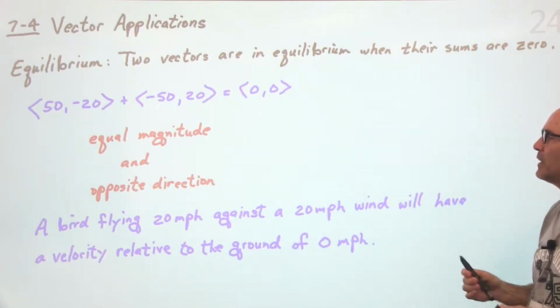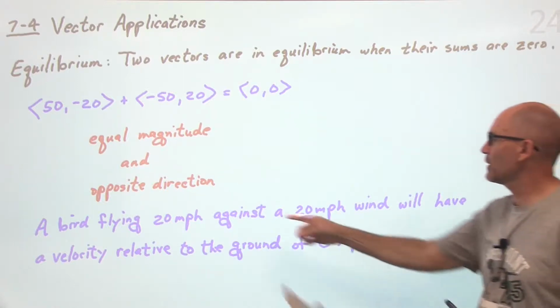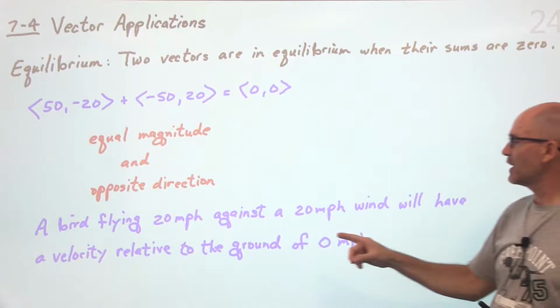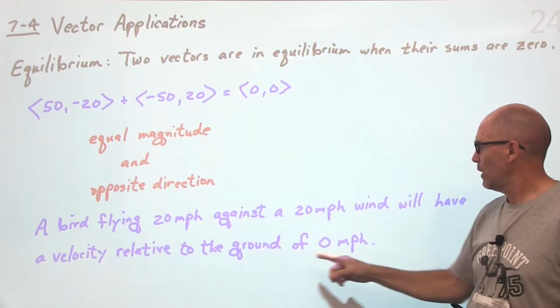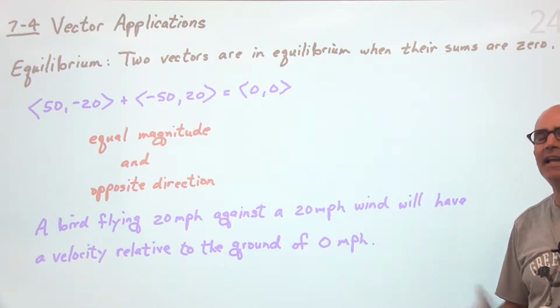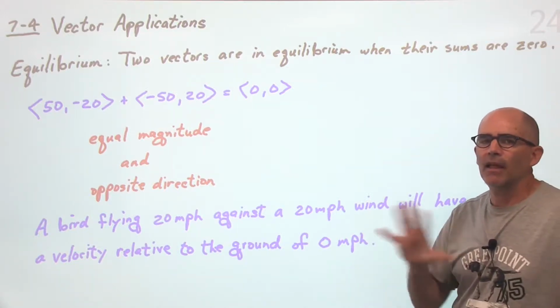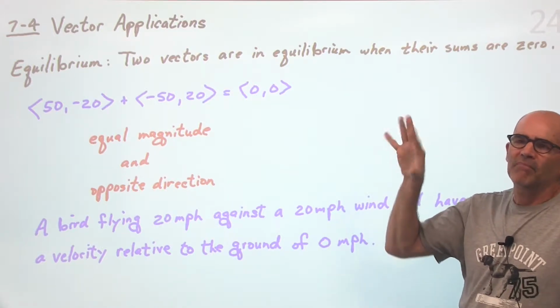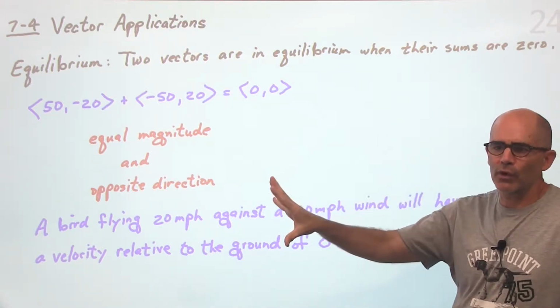So an example of that is a bird flying 20 miles an hour against a 20 mile an hour wind will have a velocity relative to the ground of 0 miles per hour. When I skydived, the velocity of a canopy was about 17, 18 mile an hour forward.